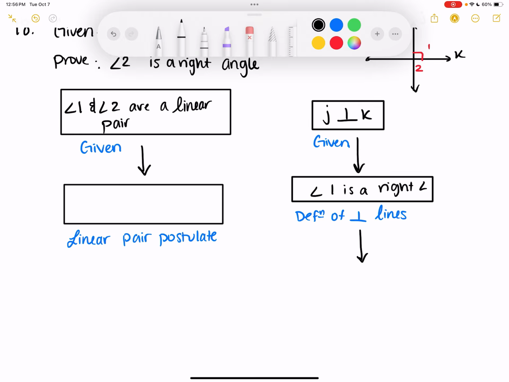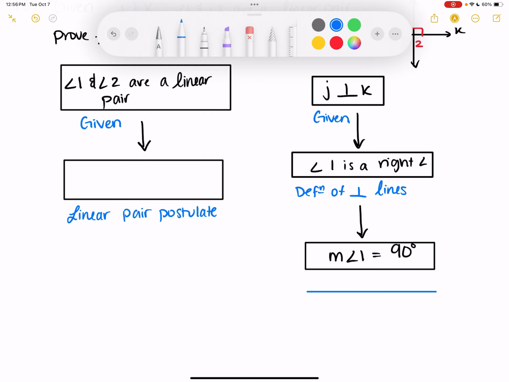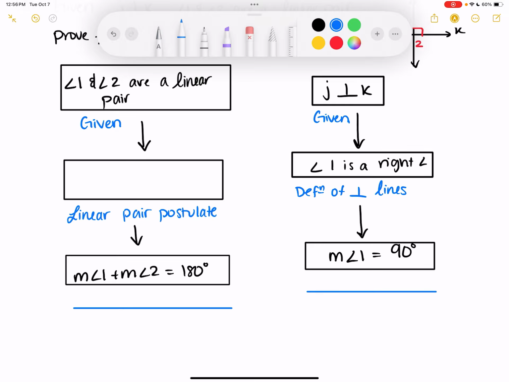The next thing, the measure of angle 1 is equal to 90 degrees. We're going to be filling this in, so I'm just going to draw a blank here. Over here, the measure of angle 1 plus the measure of angle 2 is equal to 180 degrees. We're going to be filling in that reason also.